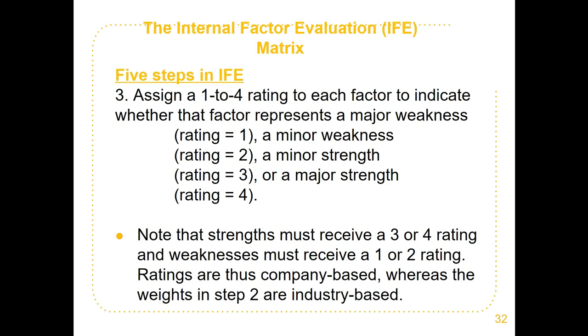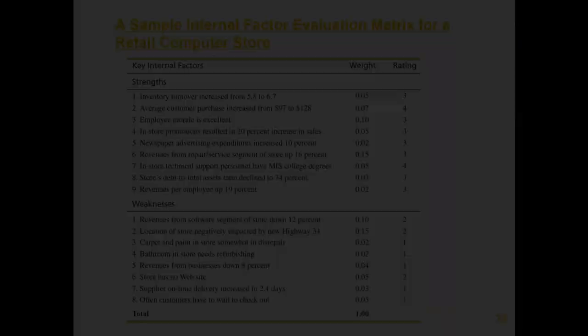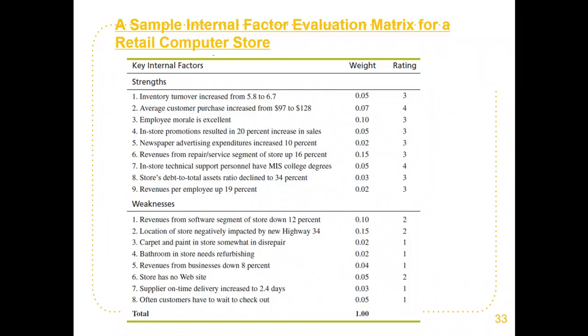So ratings are thus company-based, whereas the weights in step 2 are industry-based. Remember that the weights you are going to put are industry-based, meaning you compare the strengths and weaknesses based on the industry.